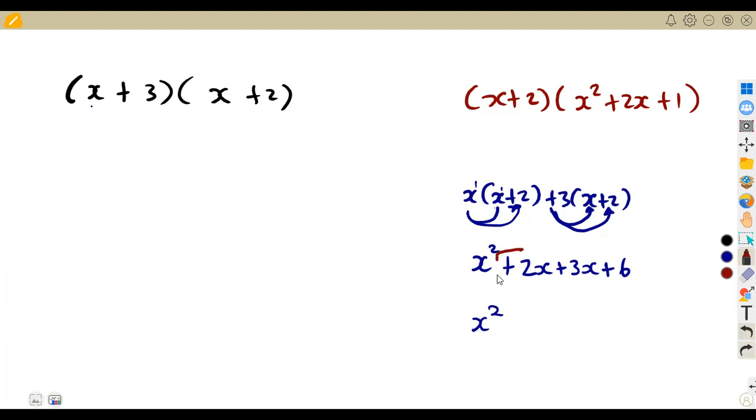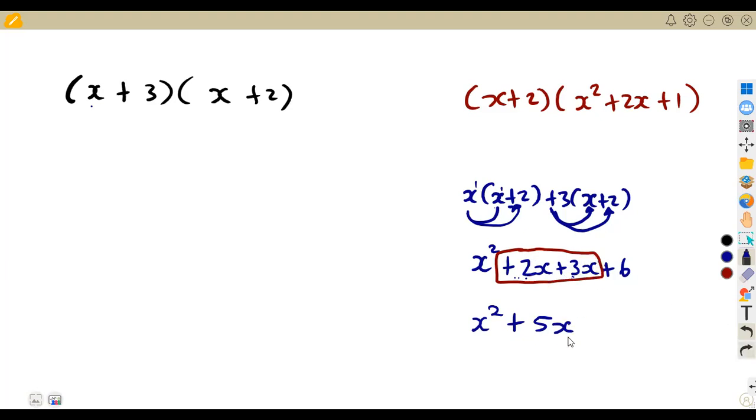So we are going to consider this part only. This is the only part of the like terms. So that means we are going to add 2 plus 3. We are simply adding the numbers here, 2 and 3, which is going to give us 5, but we've got x there. Take note, you are adding, you are not multiplying, so you're not going to multiply x and x.